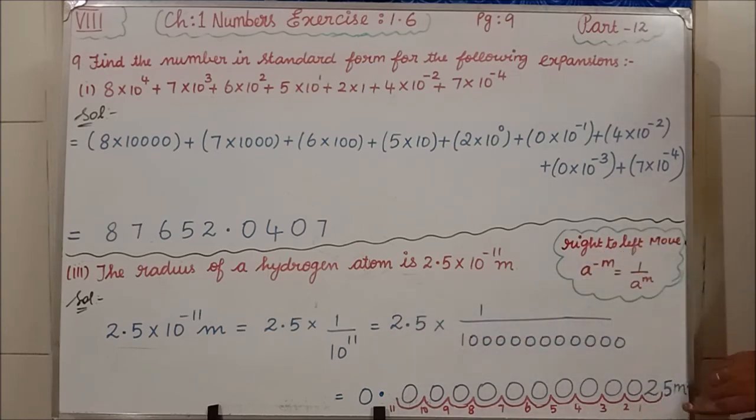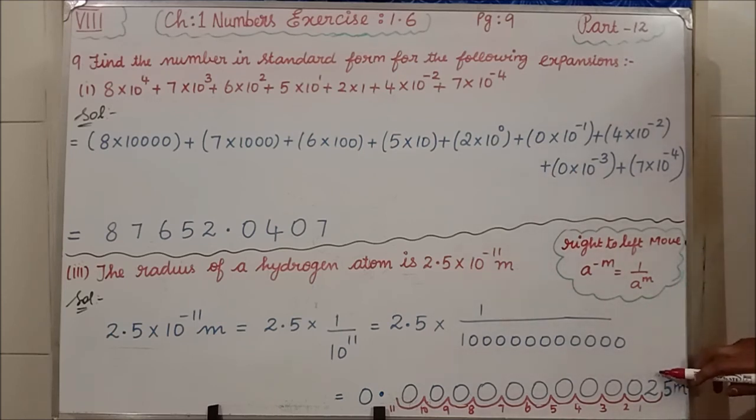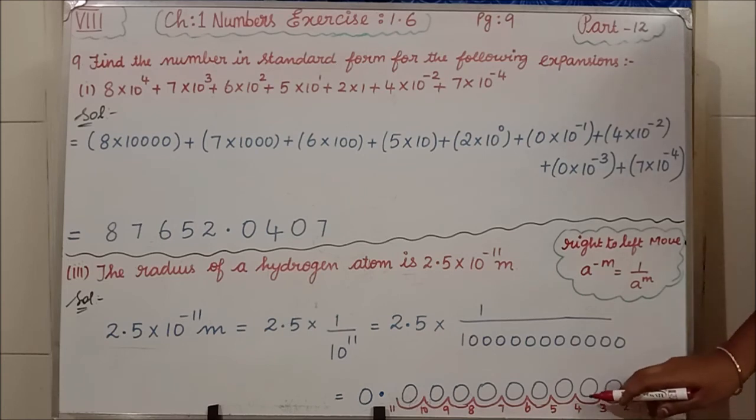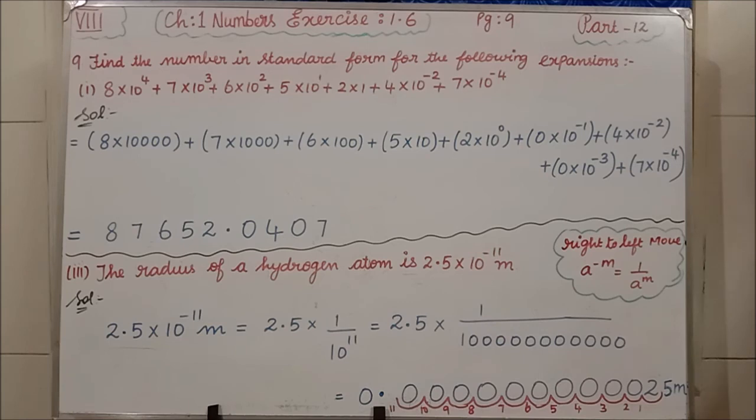So, we have to write that 2.5 in the last. I have written 2.5. Now, we have to move that, here only decimal is there, isn't it? Here we are having that decimal. So this decimal we have to move towards the left hand side. How many places we have to move?